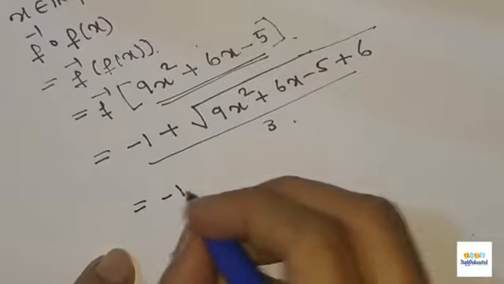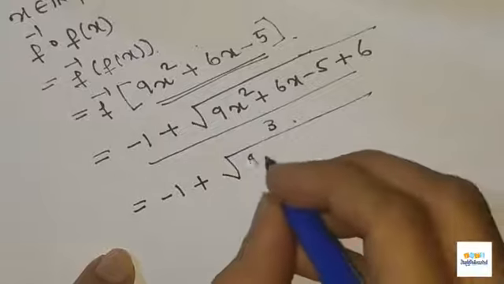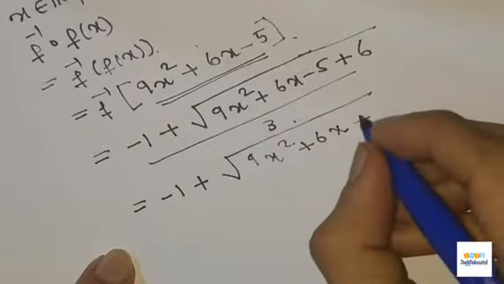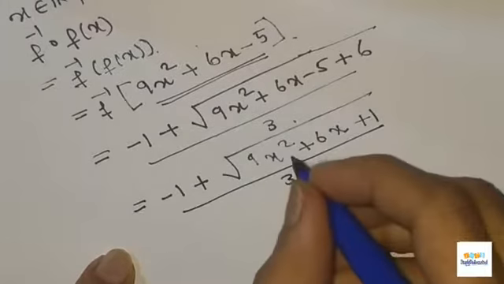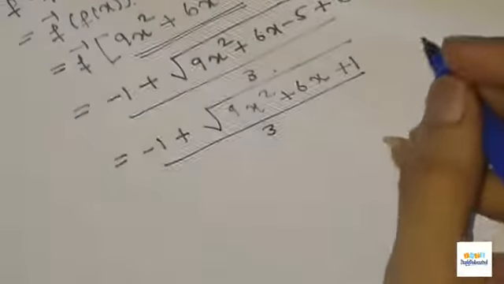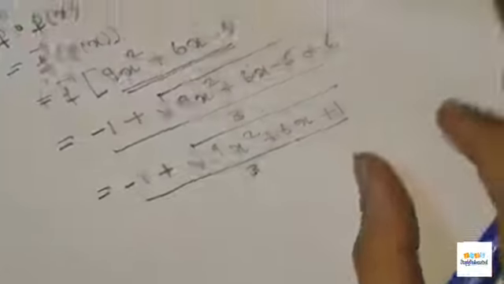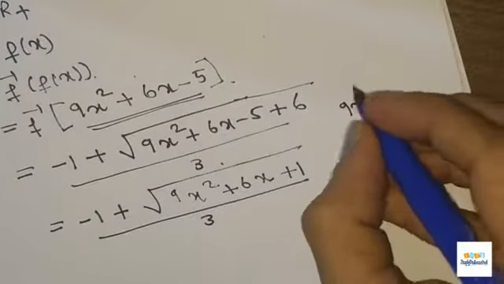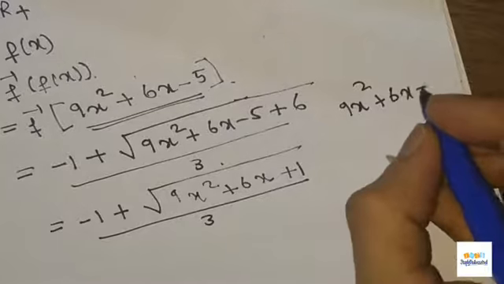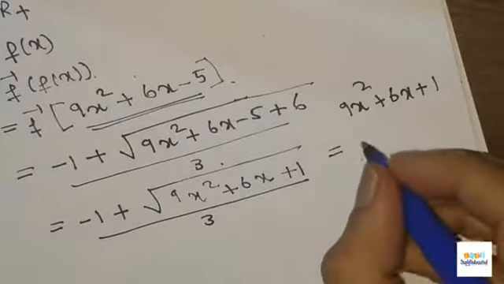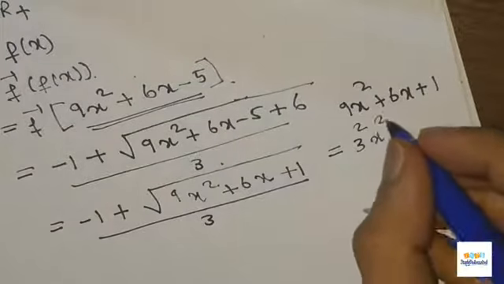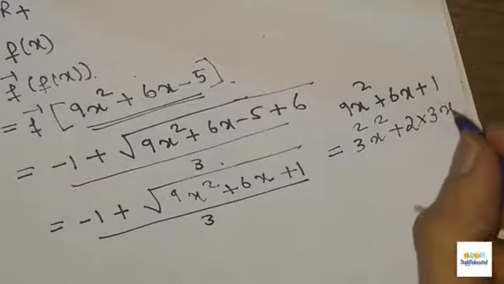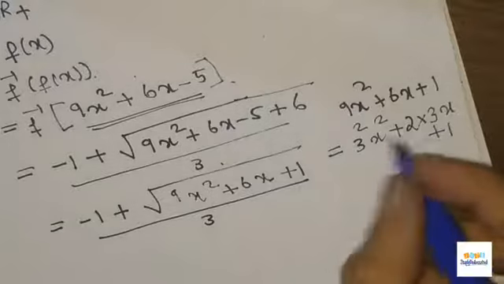So now this will be equal to what? Minus 1 plus root of 9x square plus 6x minus 5 plus 6 is plus 1, divided by 3. Now you can look at this term which is in the root. So what it is 9x square plus 6x plus 1. Now if we write this as 3 square x square plus 2 multiplied by 3x plus 1, we will write it in this way.